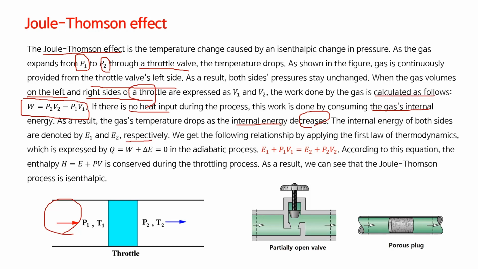We get the following relationship by applying the first law of thermodynamics, which is expressed by this equation. In the adiabatic process, no heat input, so Q should be 0.